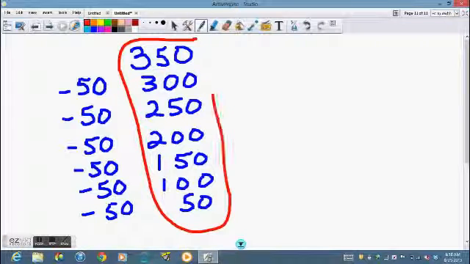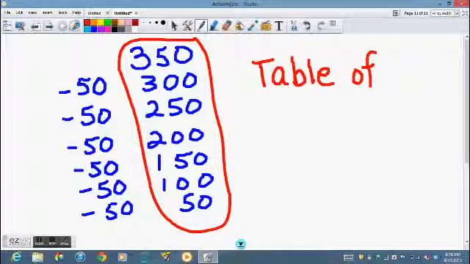So what am I talking about? Well, let's look at the numbers here. I see a 5, even though that's a 50. I'm kind of zeroing in on these numbers. So what mathematical table has those numbers? Well, isn't that the table of 5?